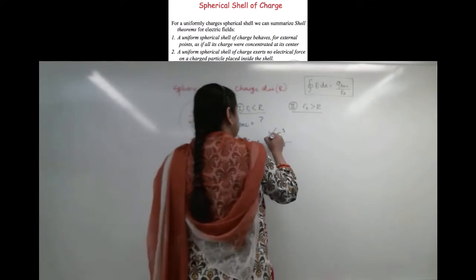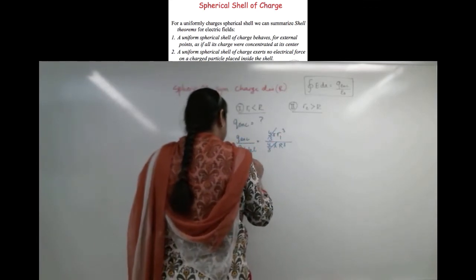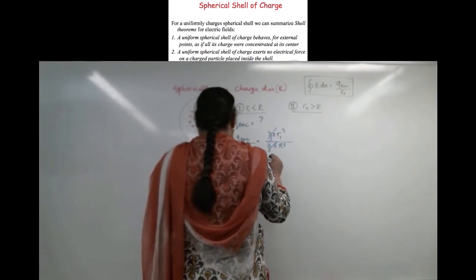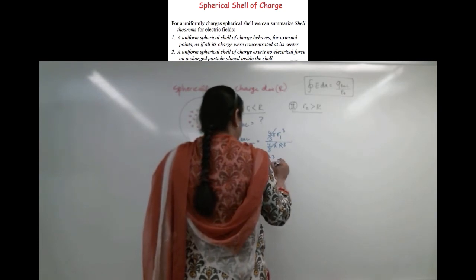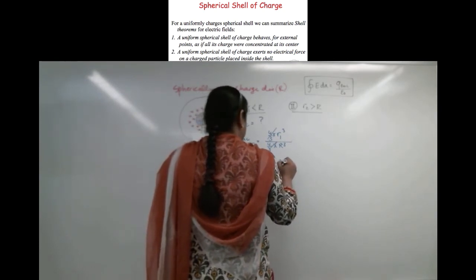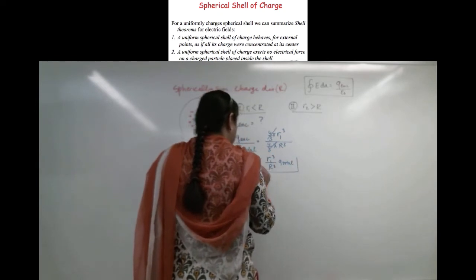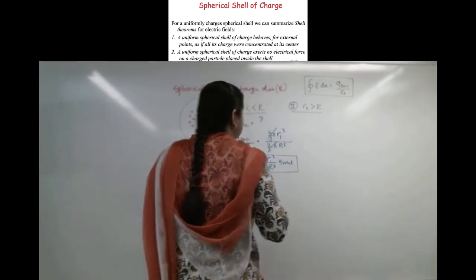This means Q enclosed equals R1 cubed over R cubed times Q total. Well, that's one problem solved.